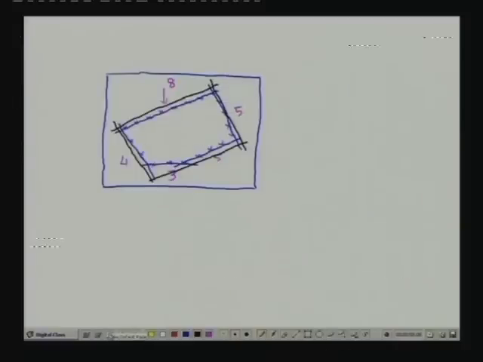Now, the problem comes when this line tries to be vertical, that is parallel to the y axis. If the line is vertical, then the slope of the line, that is the value of m, tends to be infinity. And in this formulation, we cannot tackle the value of m which becomes very large or which tends to become infinite.